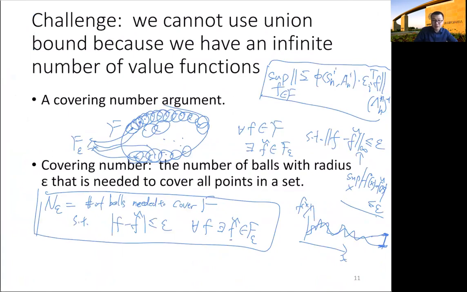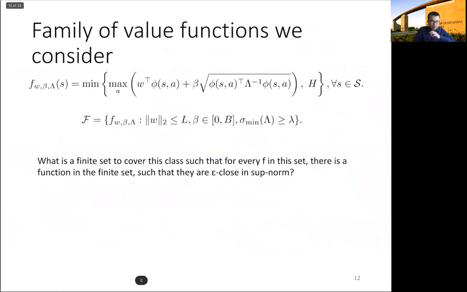In this way, we can decompose the bound that we need into two terms. One term depends on this epsilon, and the other term depends on the uniform convergence bound for this discrete set, which we do have known techniques to deal with.